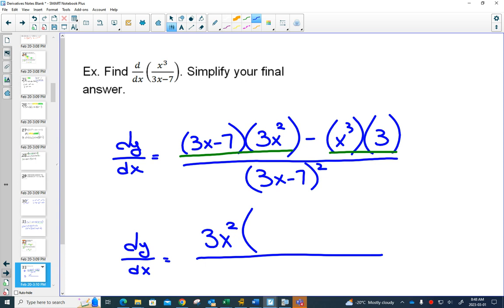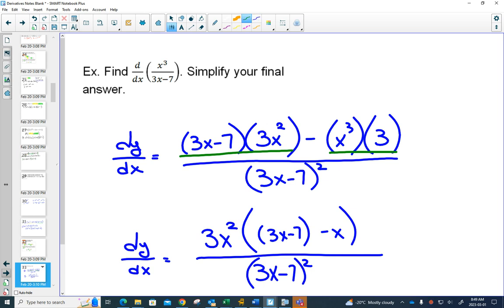What would happen if I took the 3x squared out of the first term that I underlined in green? Can you see that you would be left with 3x minus 7? And what would happen if I took a 3x squared out of the second one? I would just be left with an x. I still have the 3x minus 7 squared on the bottom.